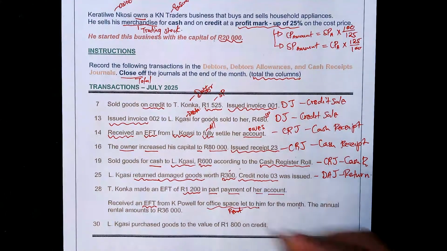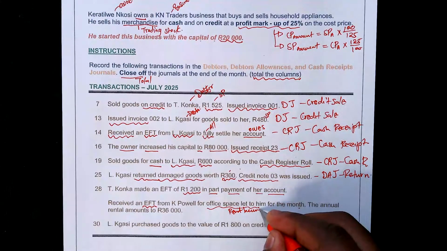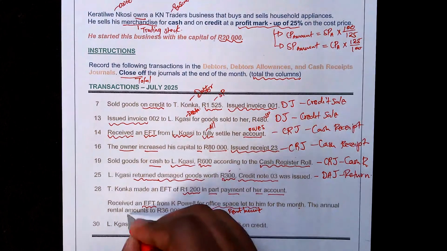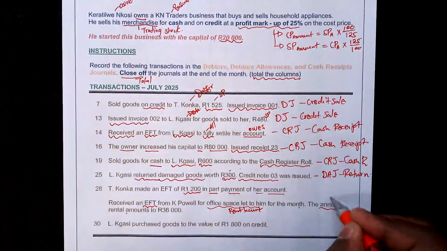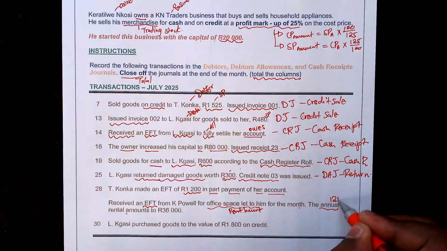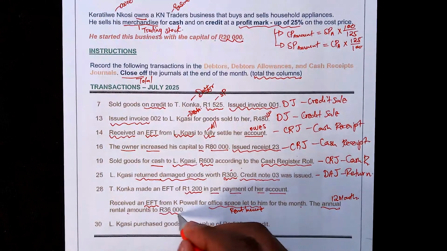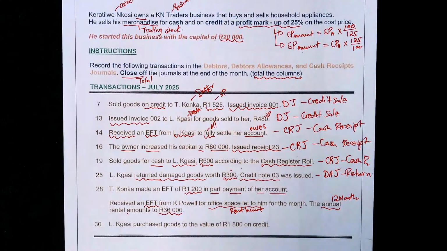So immediately we know this is rent income for the month. The annual rental amounts to, so annual means 12 months, 1 year. So for 12 months it amounts to 36,000. So this is not for 1 month, it's for the whole year, 12 months.